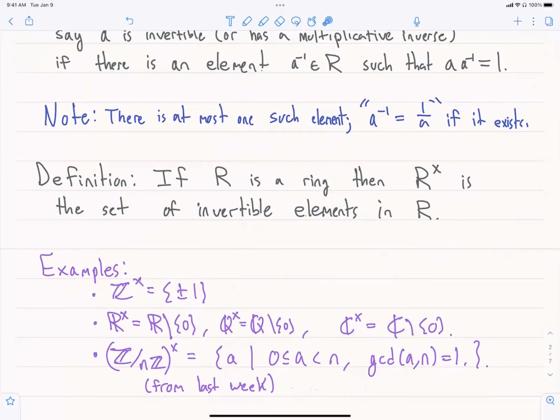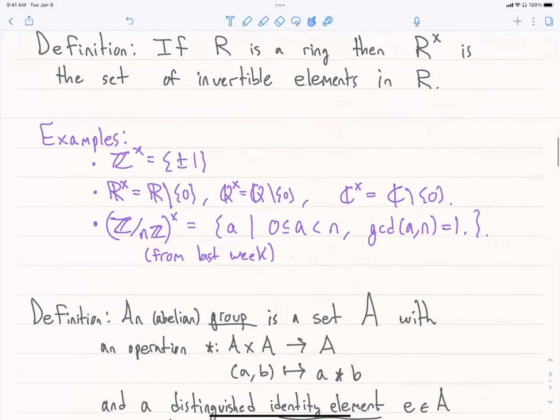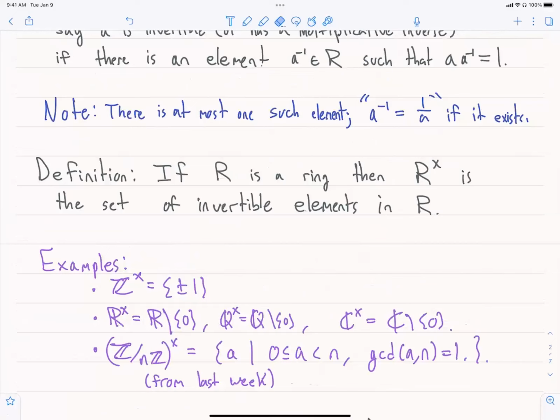Then the addition and multiplication are defined using modular arithmetic, and then shifting back to get between 0 and n minus 1. And we saw the invertible elements were the ones that had GCD 1 with n, so the elements that are co-prime to n.